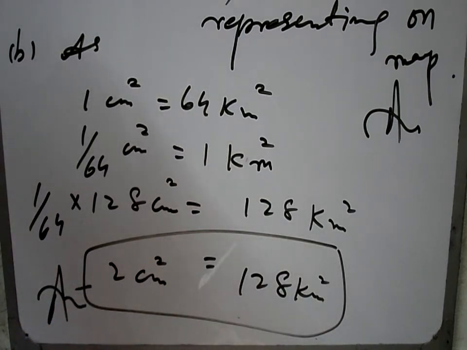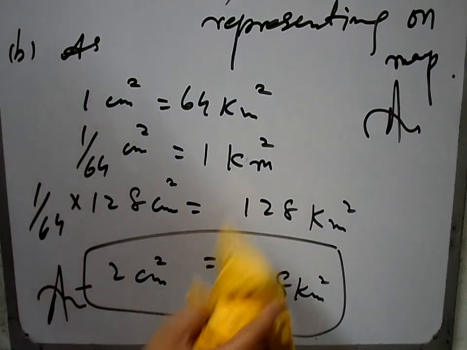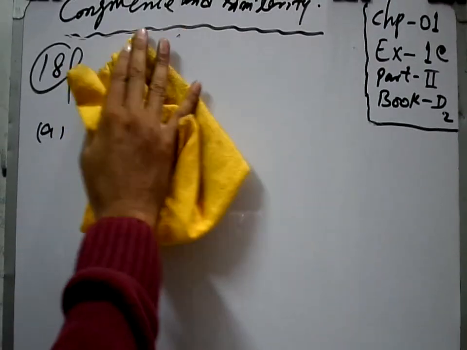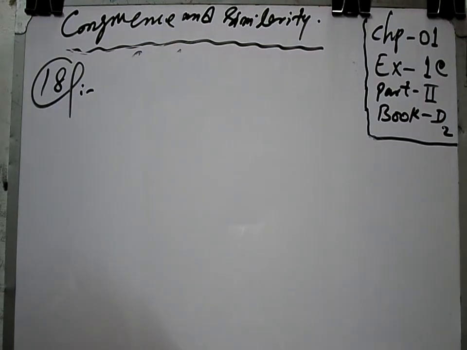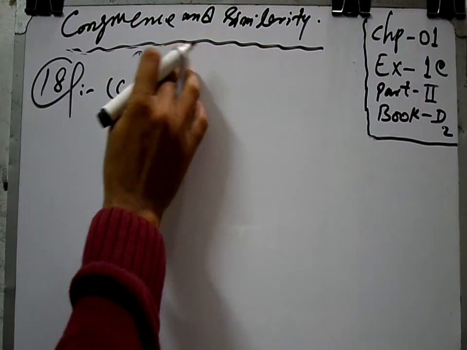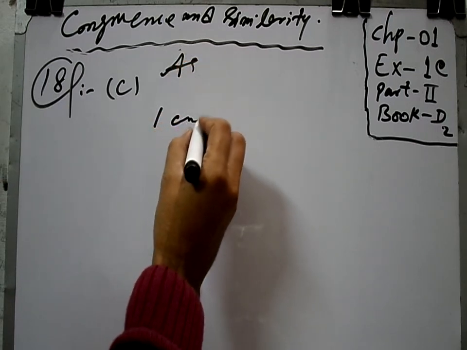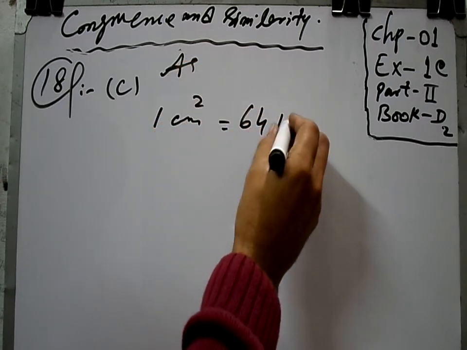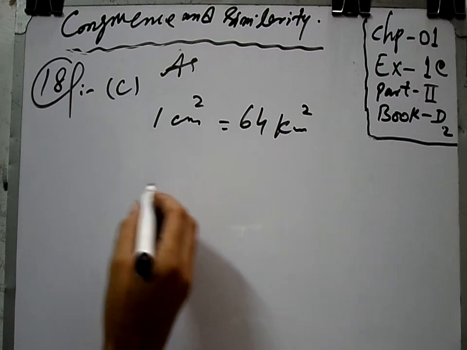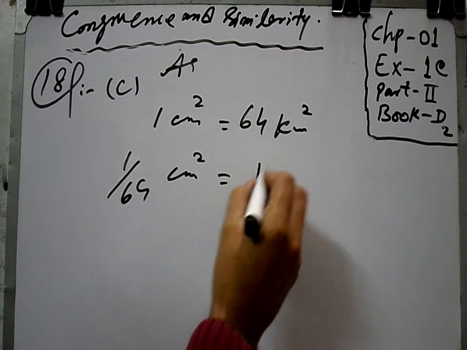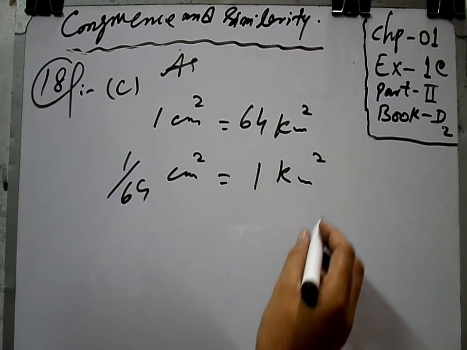But in C portion, once again we have been asked that 320 centimeter square. Okay, by the same formula, if we see C part, so as 64 kilometer square, so 1 by 64 centimeter square is equal to 1 kilometer square, so 320.